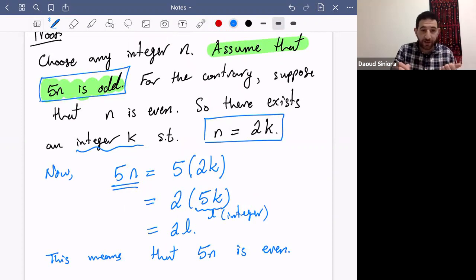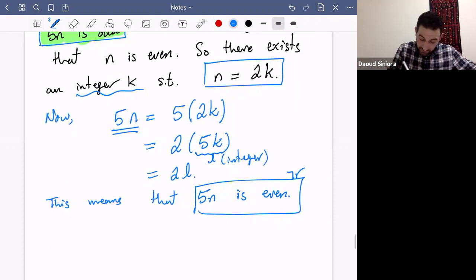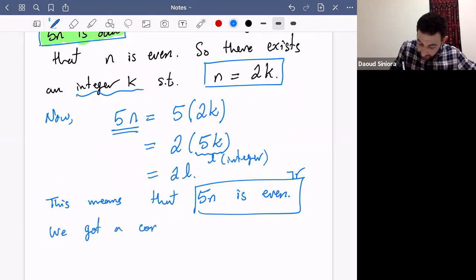So here we have 5n is odd. We assume this to be true. And here 5n is even. So this is R and this is not R. R and not R is a contradiction. So we have a contradiction.